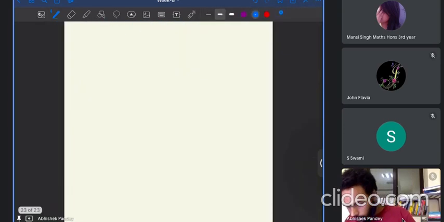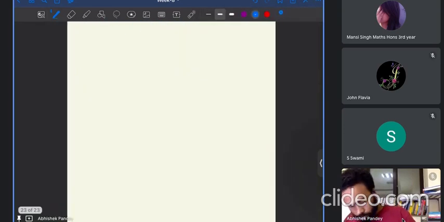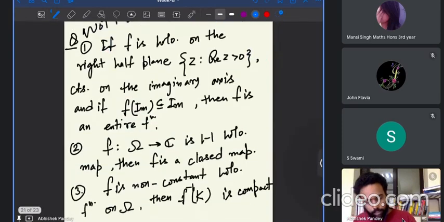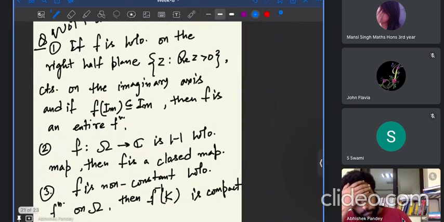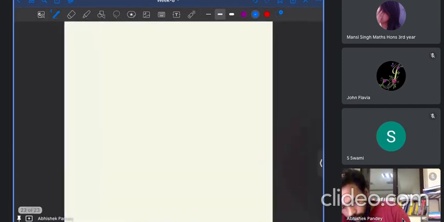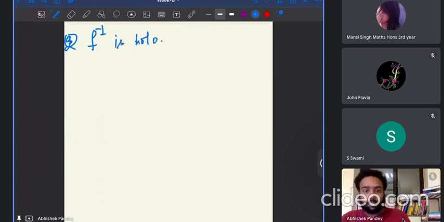Let's look at the next example. The next option is, if f is a one-one holomorphic map, then f is a closed map. If f is one-one, it means that f inverse is also holomorphic. This is just the inverse function theorem. Now f inverse is holomorphic, so it is continuous.